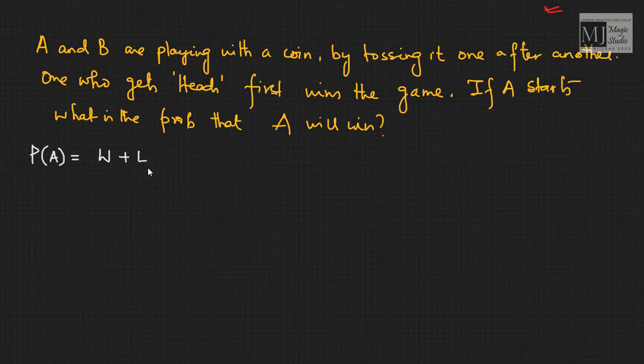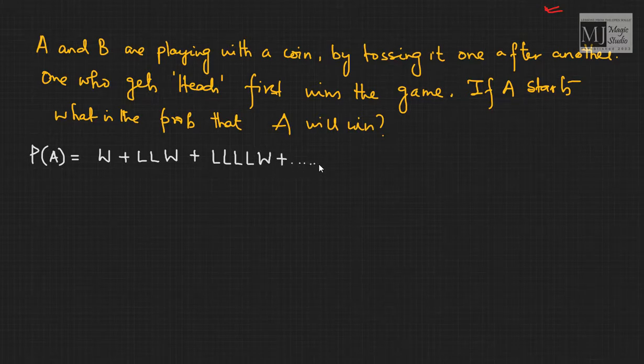And then if we want A to win, then the second partner, that is B, should also lose. B को भी हेड नहीं मिलना चाहिए. फिर A win करेगा. So this can also be the case where A will win. Next case क्या हो सकता है? A losing, then B losing, then A getting head and losing, A getting tail and losing, B getting tails and losing, and then A winning.